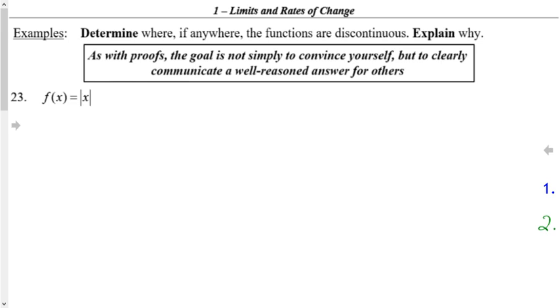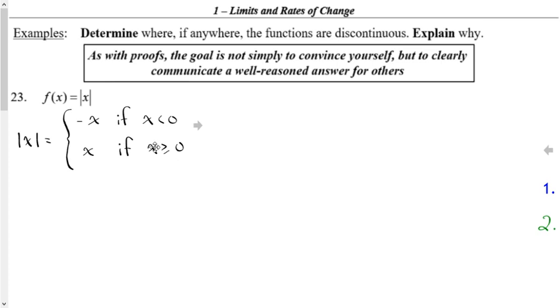So, is this function continuous everywhere? Well, first, what helps us in answering a question like this is to think about the piecewise definition of absolute value. That piecewise definition says the absolute value of x is equal to x if x is greater than or equal to 0.